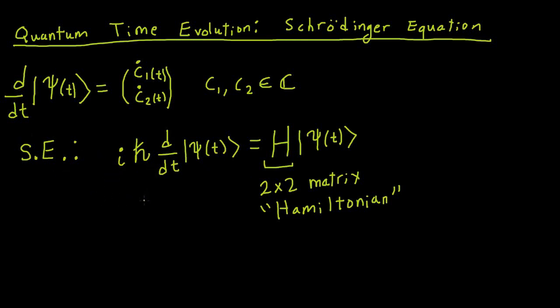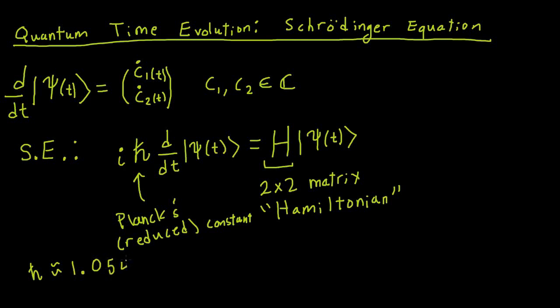And then we have here Planck's reduced constant. Now, Planck's reduced constant h bar is approximately equal to 1.054 times 10 to the negative 34, so it's very small, joules times seconds.